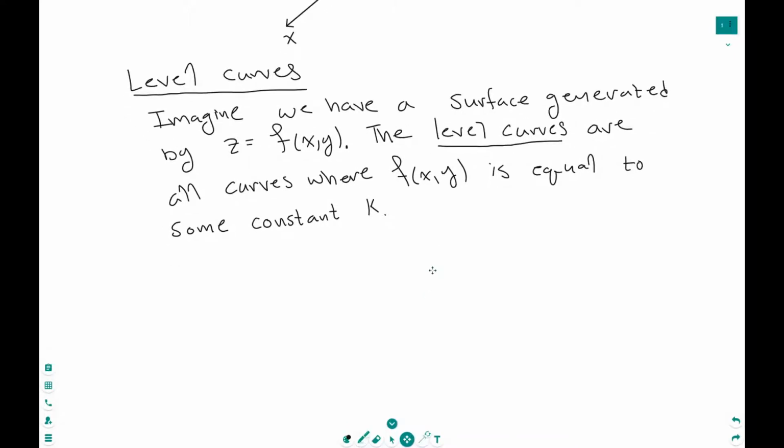So it's like a trace where you cut at that specific z equals k level, and then you see the curve generated from x and y that gives that specific constant value for z.